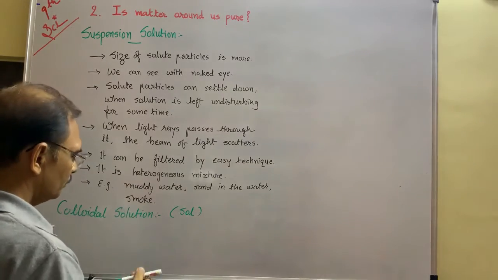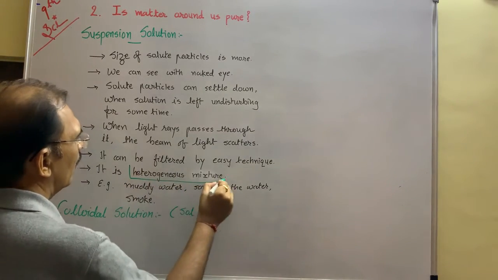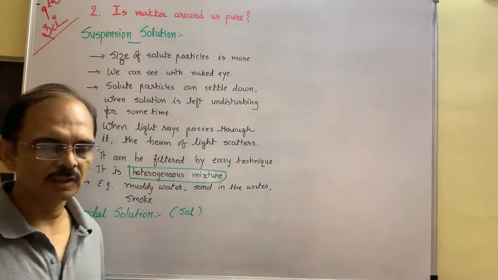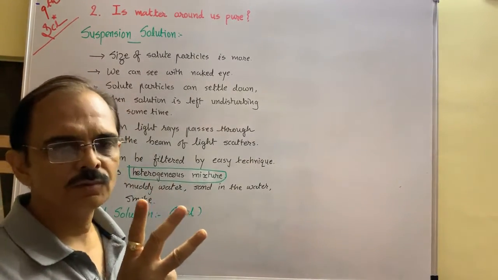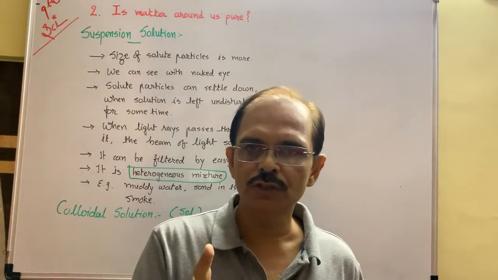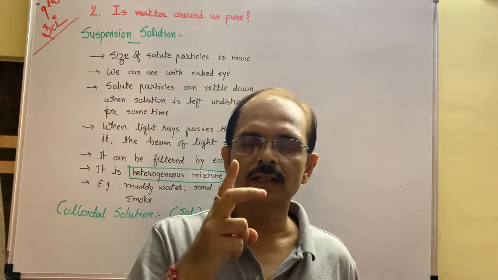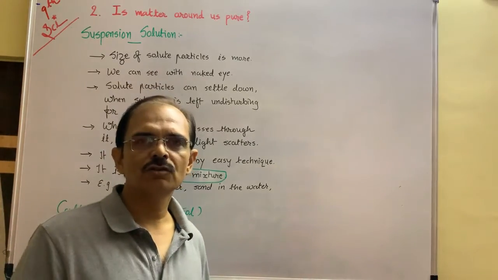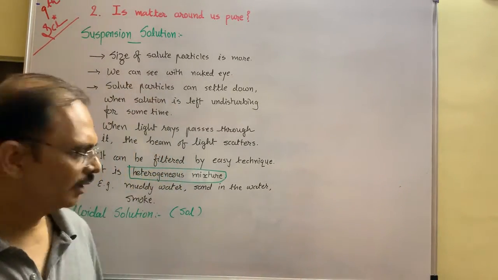Suspension is heterogeneous mixture, right? Colloidal is also heterogeneous mixture. Means there are three types of solution. First is true solution, which is homogeneous. Second is colloidal solution, heterogeneous. And the third one is suspension solution, again heterogeneous.